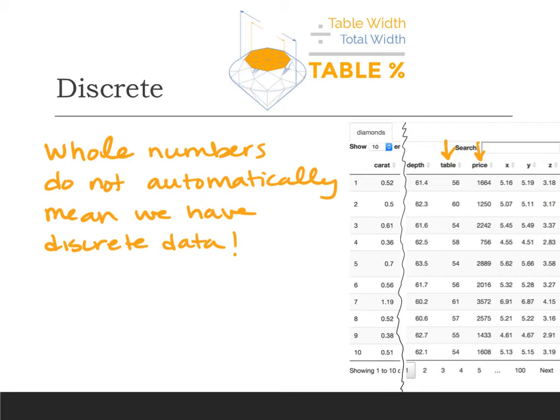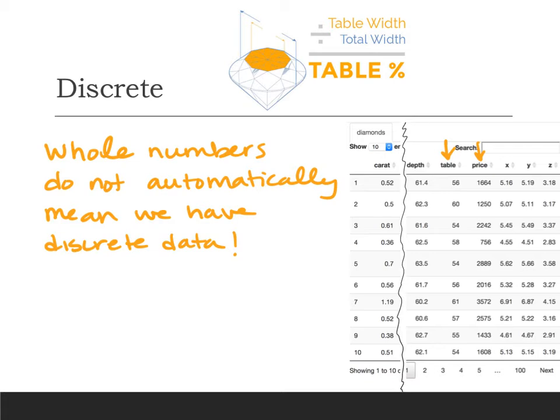They've rounded these to the nearest whole number, but that does not necessarily mean that table is a discrete variable. When you divide two numbers, you're not always going to get a whole number, and you're not even always going to get a nice decimal, right? Sometimes we get decimals that repeat or just go on forever and ever.